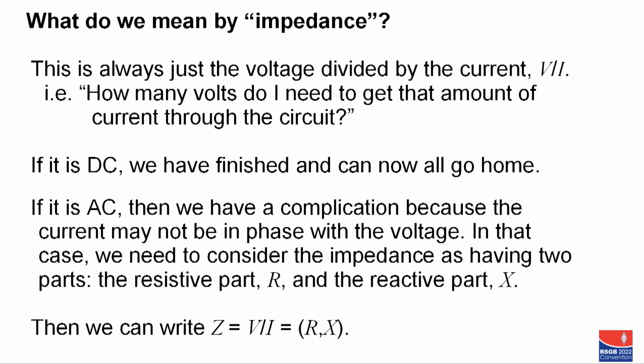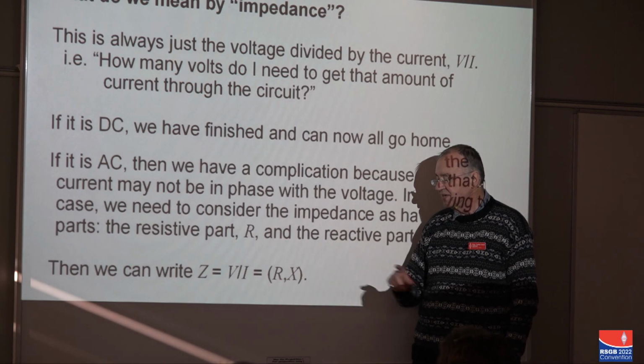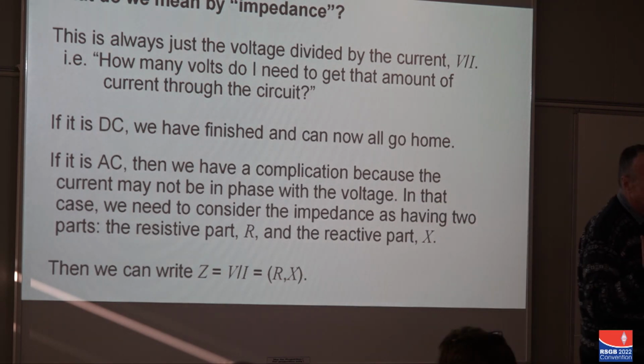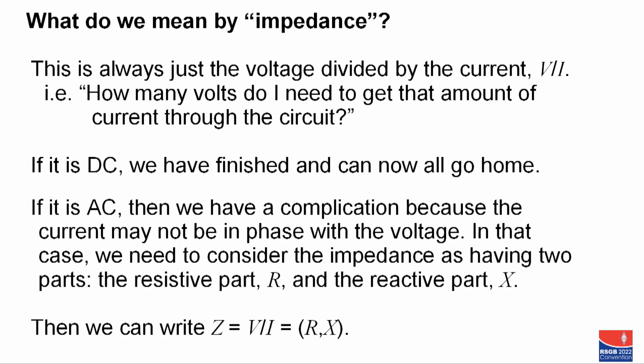We can still write that the voltage divided by the current is the impedance. This thing Z is the impedance. But now we have to have two elements, because we have not only the magnitude, but also something to do with the phase. So what we usually do is to say there's a resistive part, R, and a reactive part, X. The reactive part is like an inductance or like a capacitance.